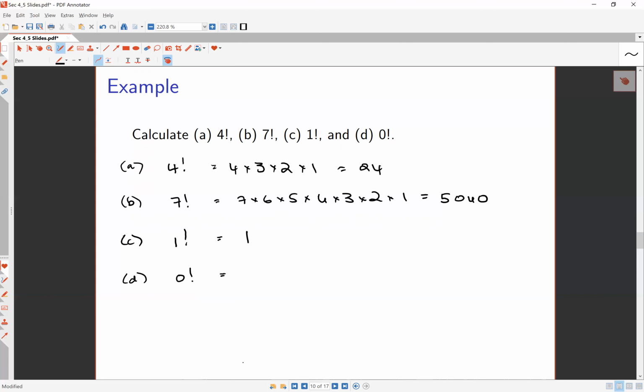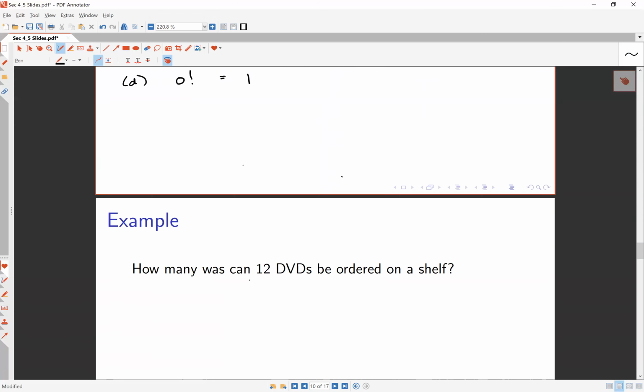So by definition, we say 0 factorial is also equal to 1. And that kind of makes sense because in how many ways can you arrange 0 objects? There's only one arrangement. You're not placing any objects down. That's the only arrangement that's possible. So one possible arrangement of 0 objects.